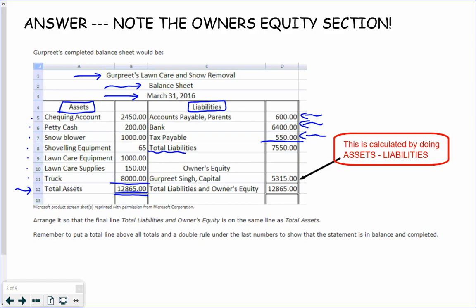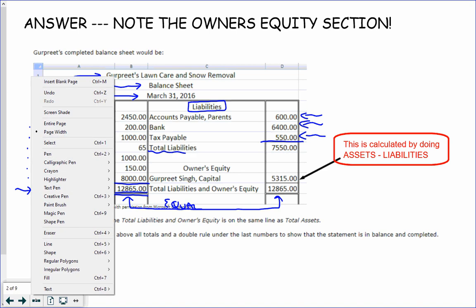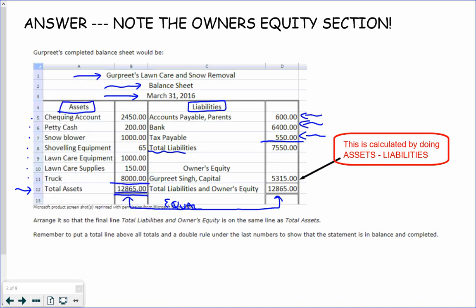Now, the whole point of balance sheet is this has to equal that. So what is new here is where that number came from. Okay? So one option is to simply take your assets minus your liabilities, and there is your capital.